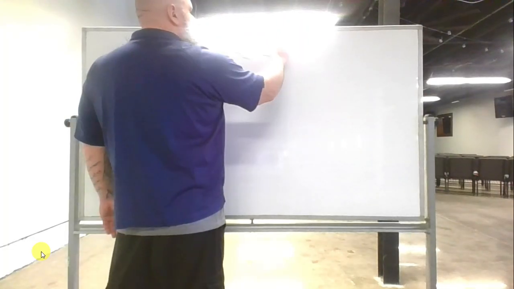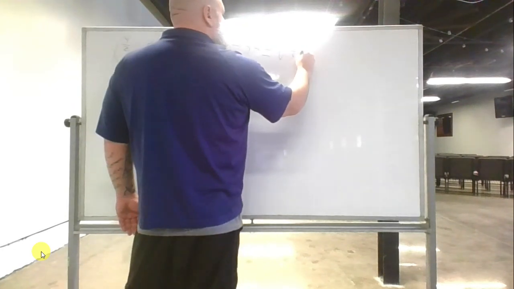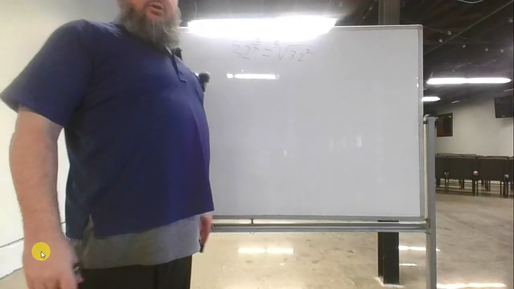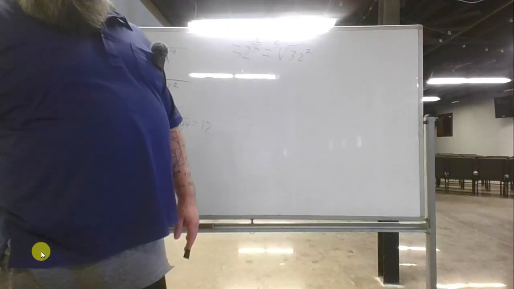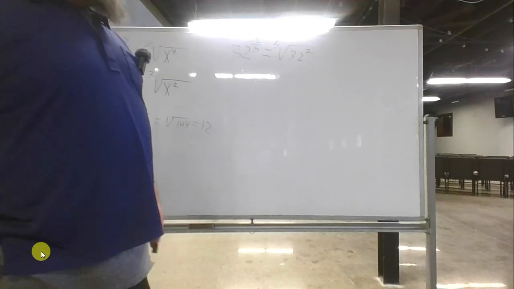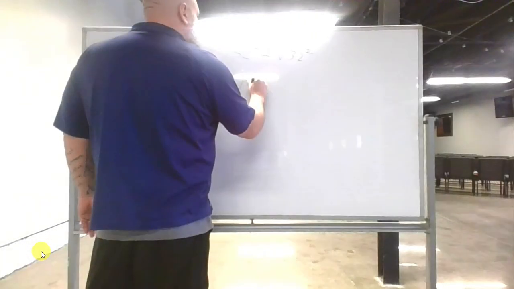Now let's say we have a negative exponent. Suppose I have x to the negative 2 power. Think of it as a reciprocal. Drop it down into the denominator. This is going to be equal to 1 over x squared.